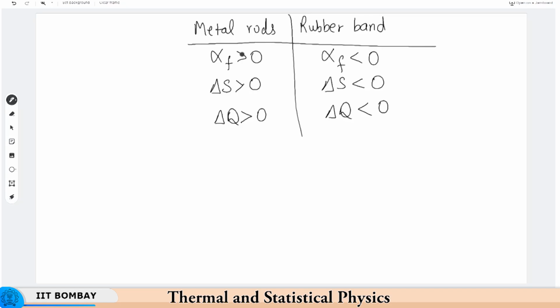So what does that mean? If I stretch a metal rod, delta Q will be positive. Sorry, delta Q positive means the system is gaining heat, so it is absorbing heat from the surroundings.